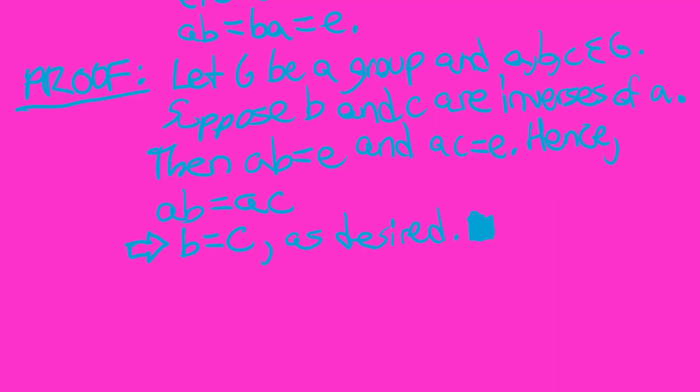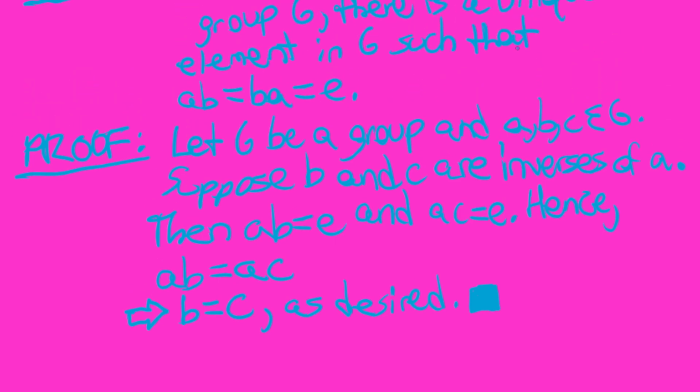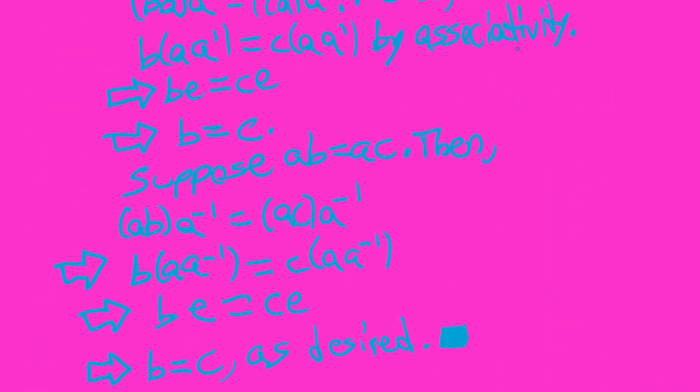So this proof kind of builds off of what we went over on the previous theorem about left and right cancellation. Since B and C are both defined as inverses here, we can do left and right cancellation.